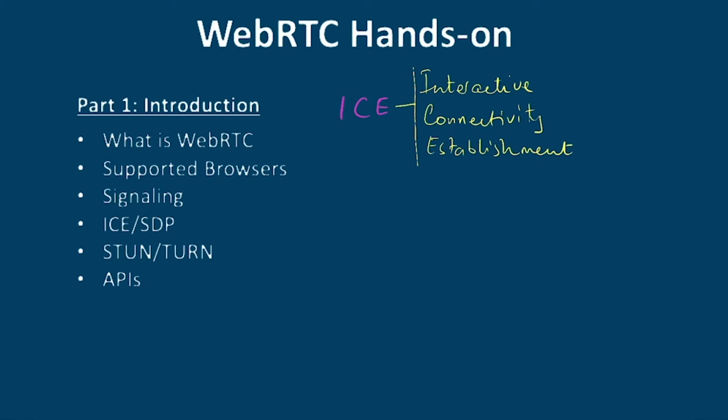STUN stands for Session Traversal Utilities for NAT and is usually used indirectly in most WebRTC applications. TURN, on the other hand, which stands for Traversal Using Relay NAT, is the more advanced solution that incorporates the STUN protocols, and most commercial WebRTC-based services use a TURN server for establishing connections between peers.